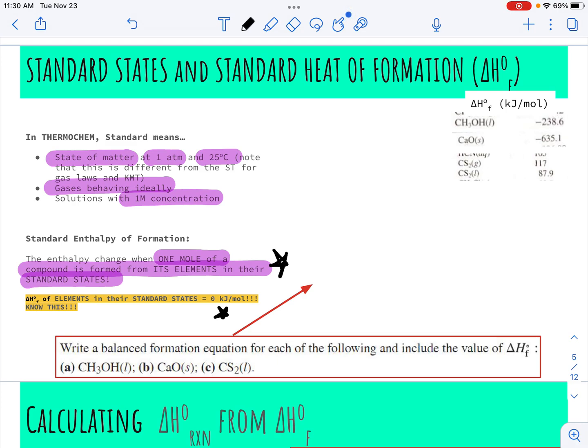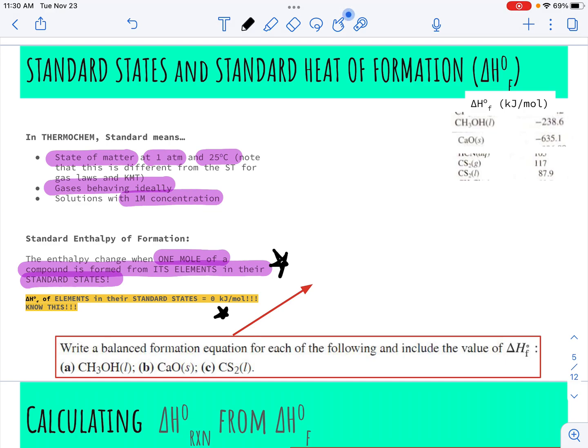And so this is why they are reference at 0 kilojoules per mole. And then anything else that's different. So if it wasn't in its standard state, if we were talking about liquid nitrogen instead of nitrogen gas, then to make liquid nitrogen, we have to remove energy. So it would be a negative heat of formation for liquid nitrogen. So I just kind of want you to think about that relationship.